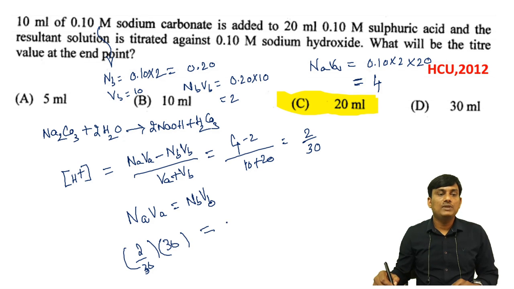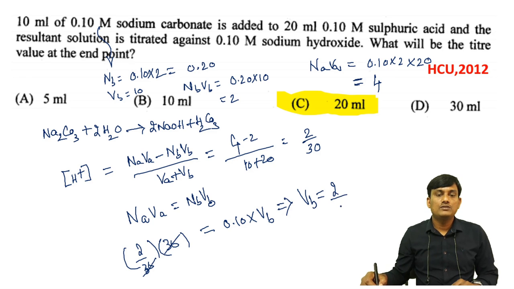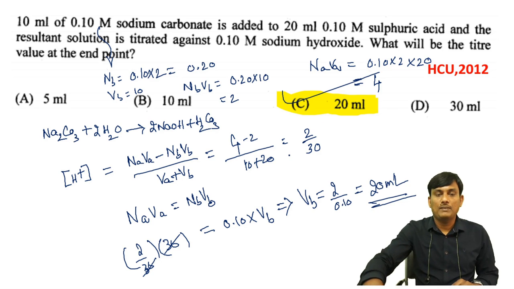Nb is 0.10 and you have to find out Vb. So the 30 cancels, and Vb is equal to 2 by 0.10, which is equal to 20 ml. So the answer is 20 ml.